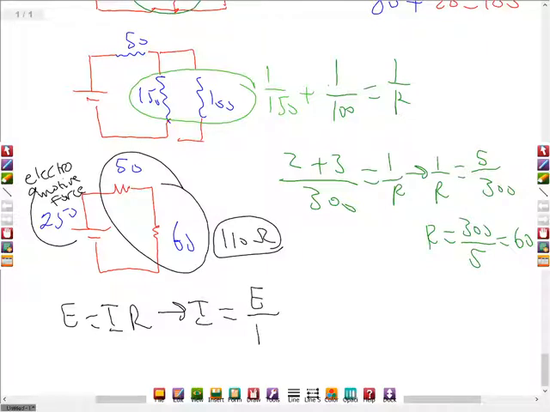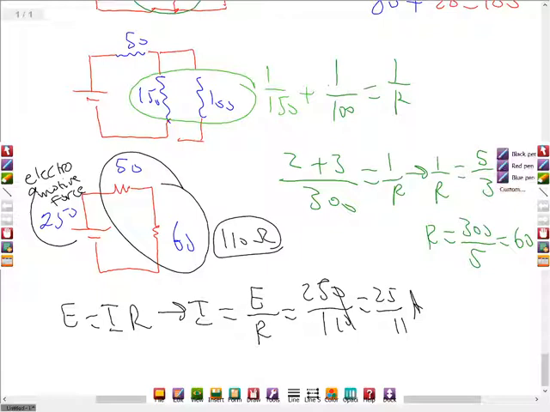And from this, I total equals E over R, which is 250 over 110, which is 25 over 11 ampere. 25 over 11 equals about 2.27 ampere. Okay.